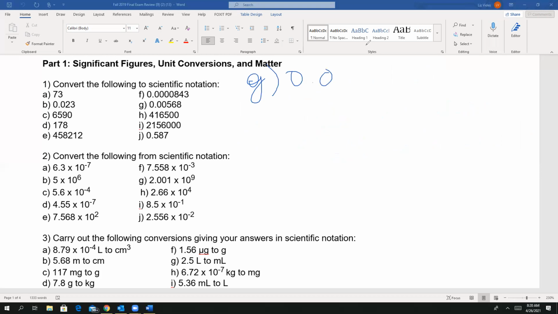Remember, you have to bring it to where it is exactly 1 through 9. And on the first one, you got to bring it 1, 2, 3. And this time it was less than 1, so it's a negative. Okay.